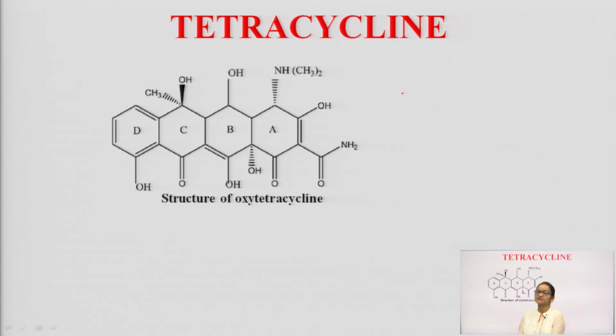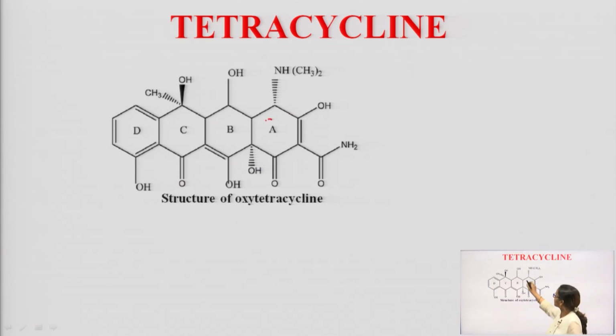Structure of oxytetracycline, again I am telling you, because if we talk about tetracycline, the classification of tetracycline is important, as well as the SAR of tetracycline, for your examination point of view as well as for your knowledge. What is tetracycline?